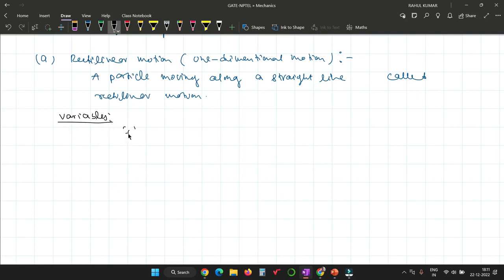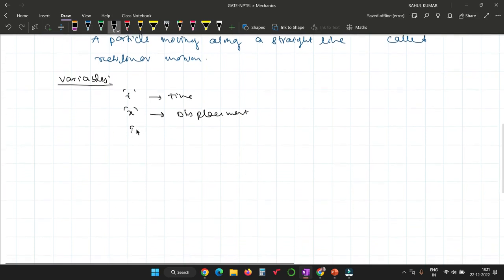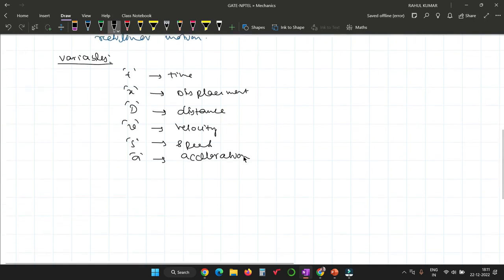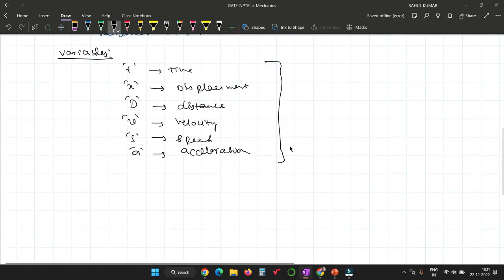Okay, so first is time, second is displacement, third is distance, and velocity, speed, acceleration. Okay, so these are variables in rectilinear motion.